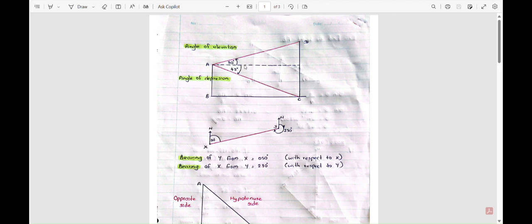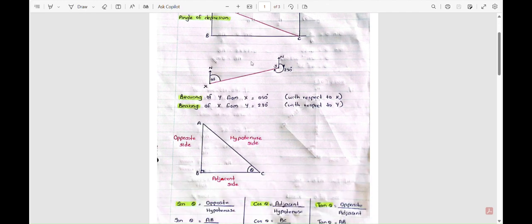So the magnitude of that angle from the eye level is called the angle of depression. Those are the two things we should know about angle of elevation and angle of depression. Elevation means we are looking at something above our eye level, and depression means something below our eye level. Okay, I think it is clear enough.